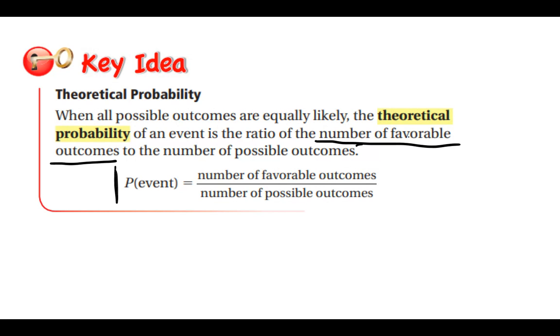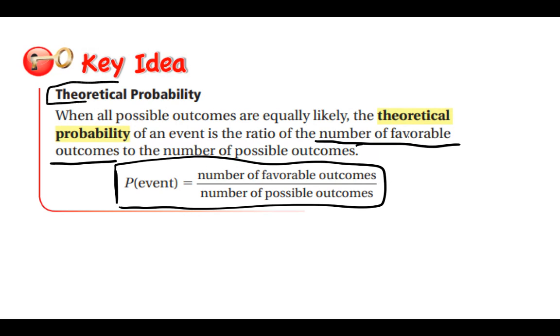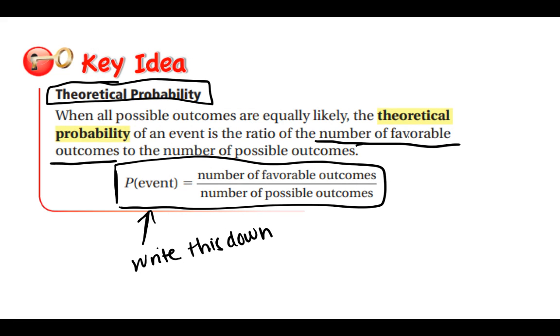Make sure you write this down in your notebook, the probability of an event, and label it theoretical probability, because you're going to need this for our assignment. Once you have this down, let's move on to our example 2.